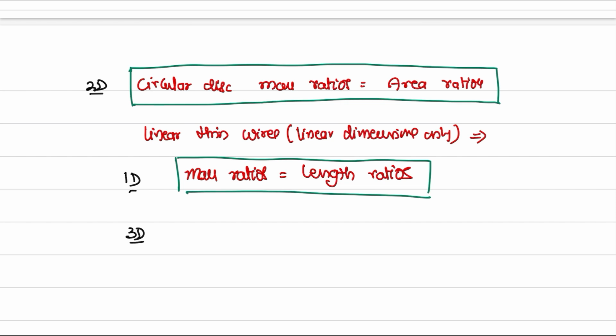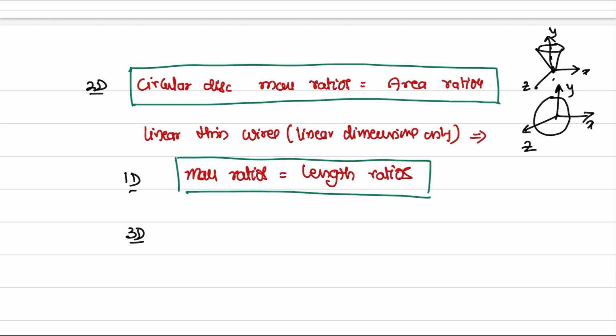If there is a three-dimensional body like a sphere or cone, having three dimensions x, y and z, you should be able to understand this.